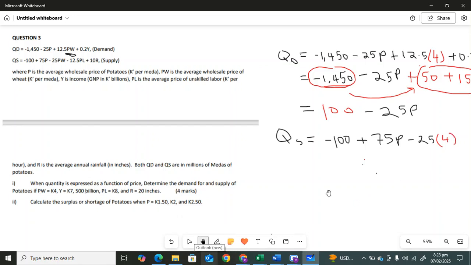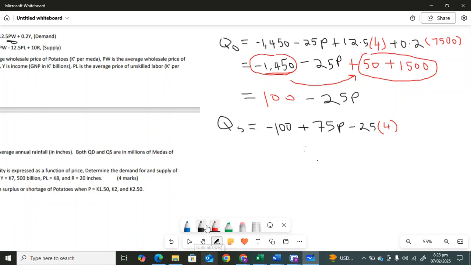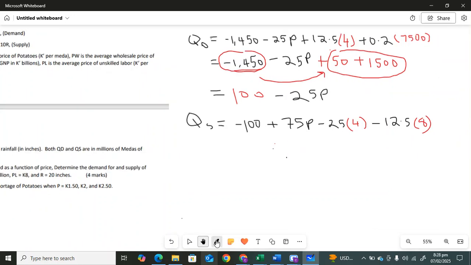Minus 12.5 PL. PL is 8 kwacha, that's the price of unskilled labor. Plus 10 ARA. What value did they tell us for ARA? 20. So plus 10 times 20.